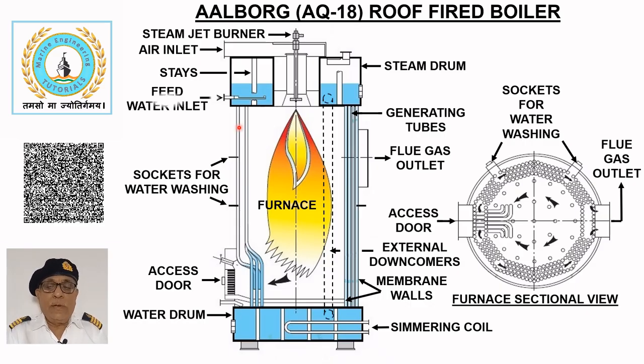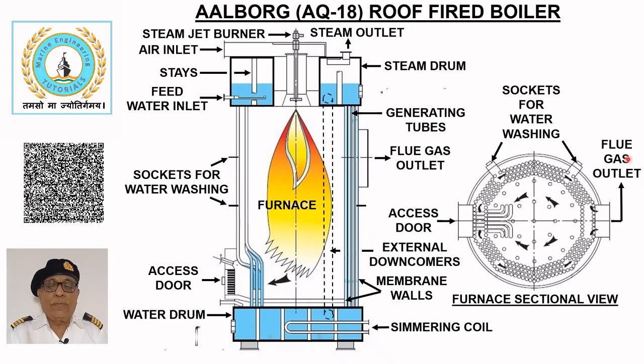Feed water is supplied in the steam drum and a float level switch monitors the water level in the boiler and provides a low water level signal to cut out the burner. Steam is taken out from the outlet on top of the steam drum.